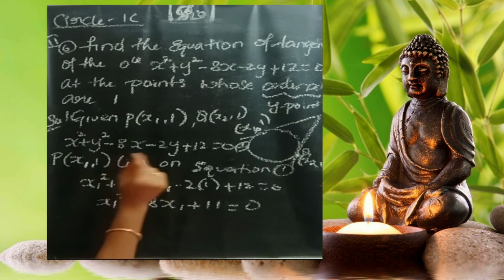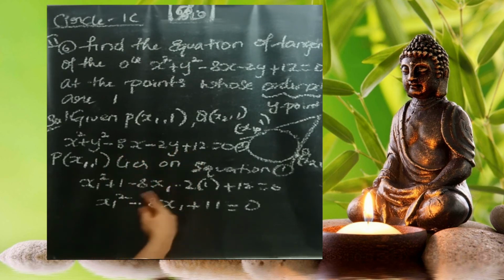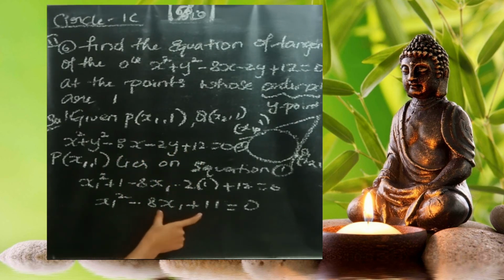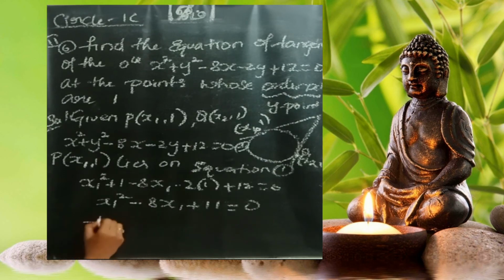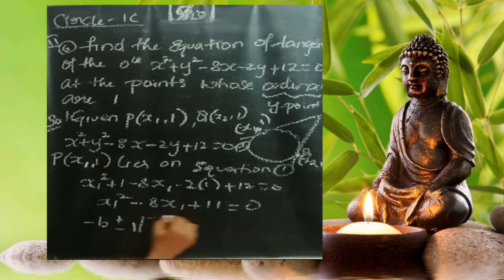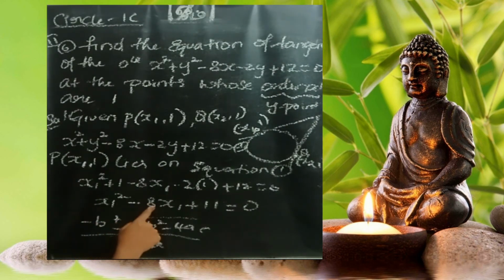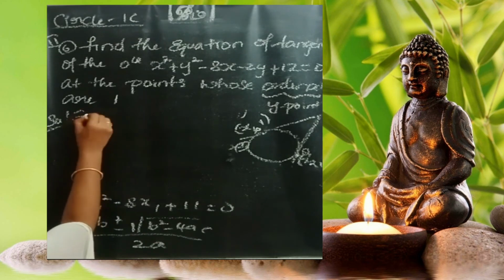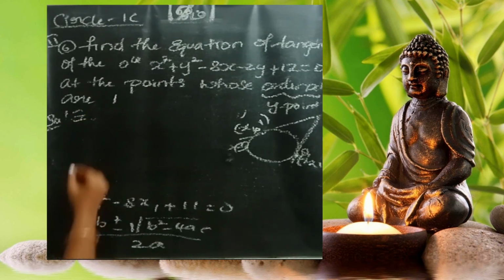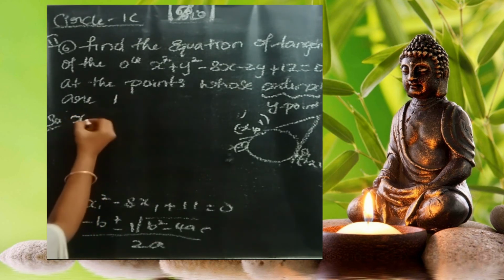Now this is the equation, and we have to find the x point, so find the roots here. We already know the formula for finding the root: x equals minus b plus or minus root of b square minus 4ac, by 2a. Here b is minus 8, so minus b is 8, since minus into minus becomes plus.